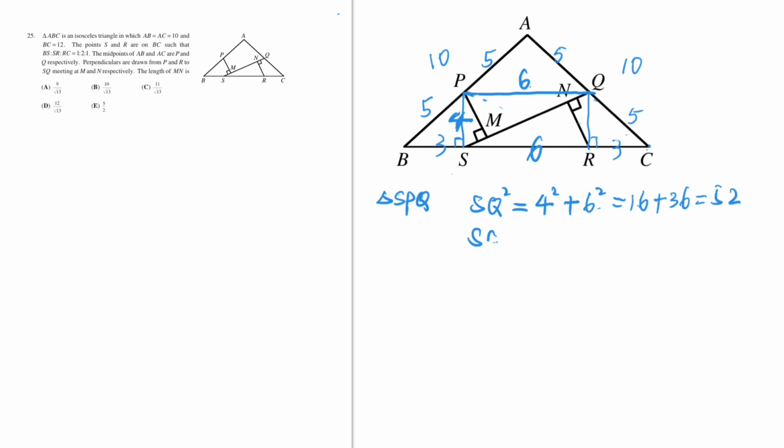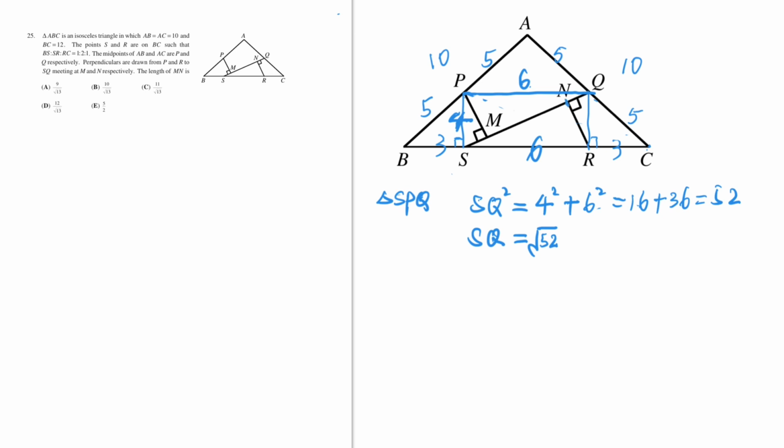So SQ equals the square root of 52. We don't need to simplify because we still need to use the Pythagorean theorem to find the MN. So they ask for MN.